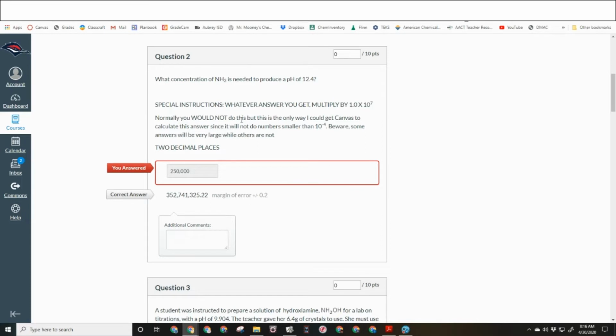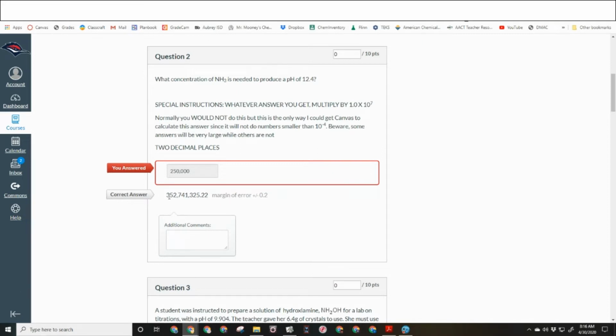It cannot calculate anything smaller than 10 to the negative 4th. So this is an important question for you to know how to solve. In order for you to be able to solve this and enter it into Canvas, I have special instructions here. Whatever answer you get, multiply that by 1.0 times 10 to the 7th, just to make it a larger number, because Canvas can deal with really big numbers, just not really small numbers.